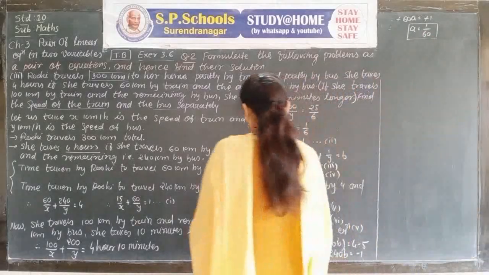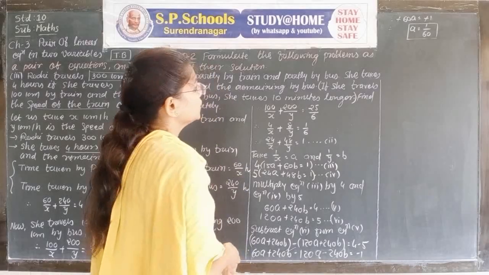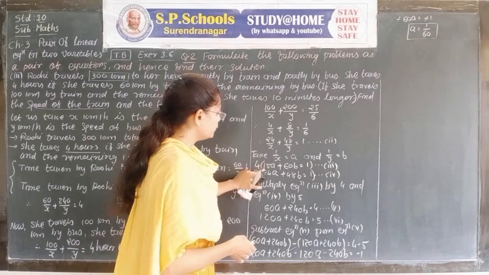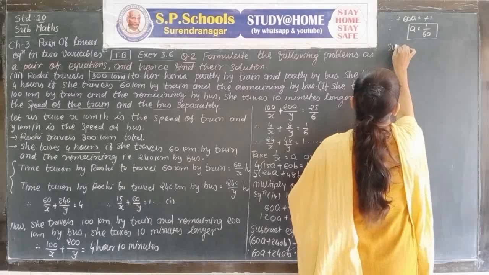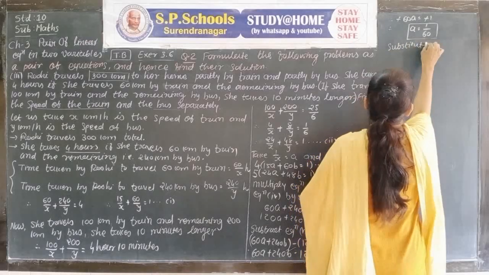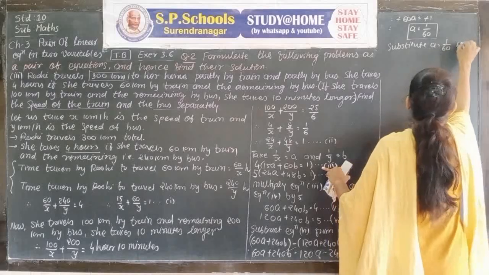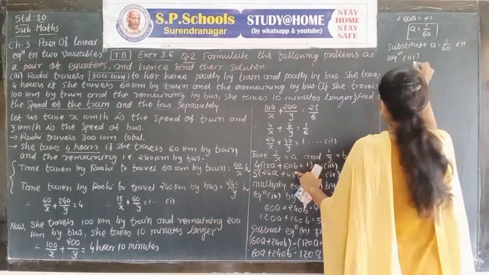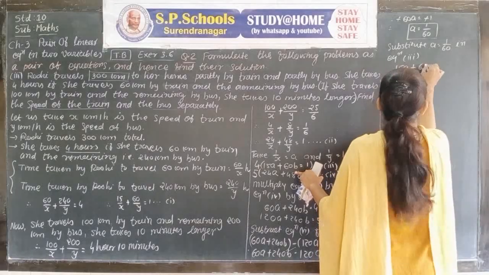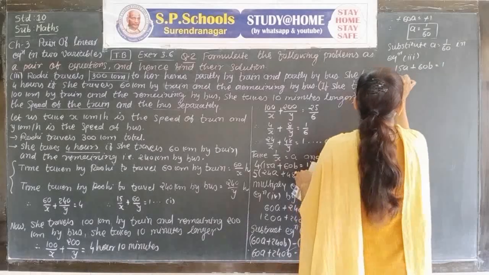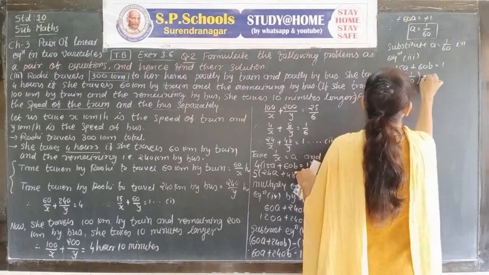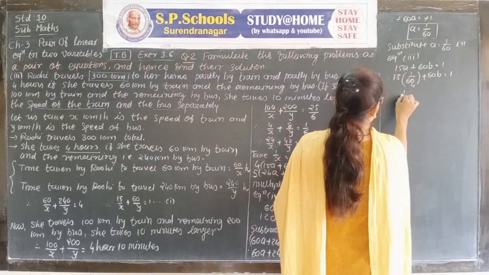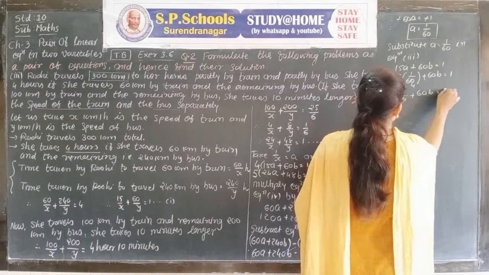To find the value of b, we substitute a equal to 1 upon 60 in any of the equations, in third or in fourth. We substitute it in third. 15a plus 60b is equal to 1. 15 instead of a is 1 upon 60 plus 60b is equal to 1. 15 4s are 1 upon 4 plus 60b is equal to 1.